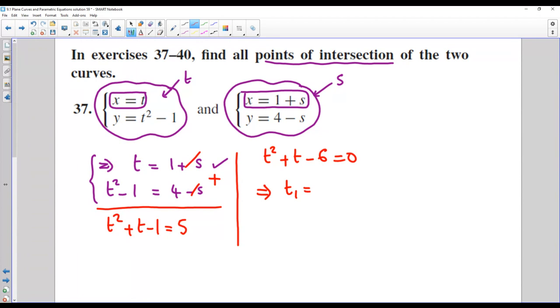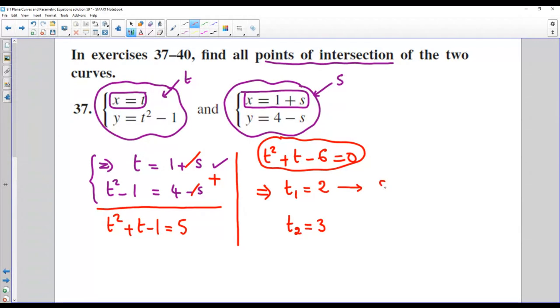You can use your calculator if you want, mod 5.3. If you use mod 5.3, you will see that you will get 2, and the other value is equal to 3. Yes, exactly. Now, basically what happens here when t1 is 2, so that means I can also get s, yes?